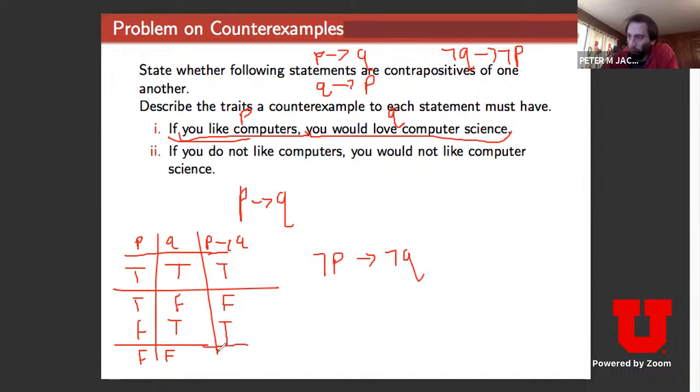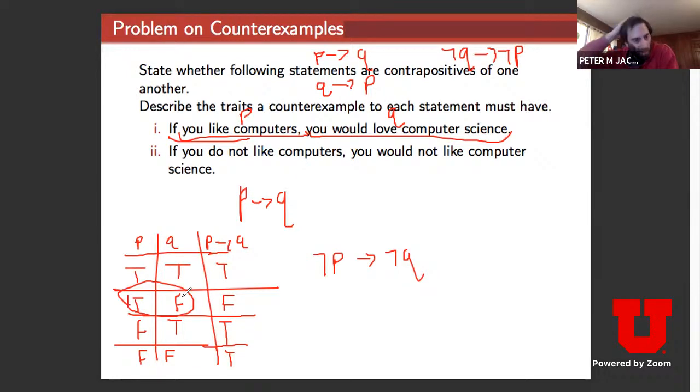Because remember, we always assume that an implication is true when the hypothesis is false. So that means that the way to show that an implication is false is to provide an example where these conditions are matched. In particular, that the hypothesis is true and the consequence is false. So are there any other questions about this one?